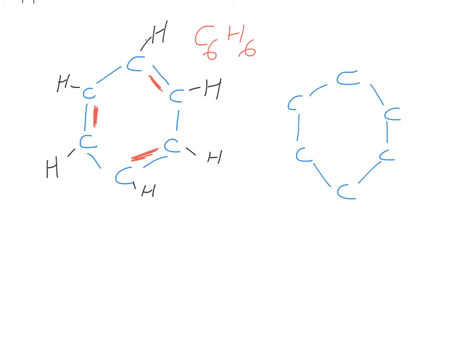This time, I'm going to draw my first double bond here. That means I draw my second one there because I'm doing that skip pattern. Oh, that just got a little messy there. Now let's clean this up a little bit.